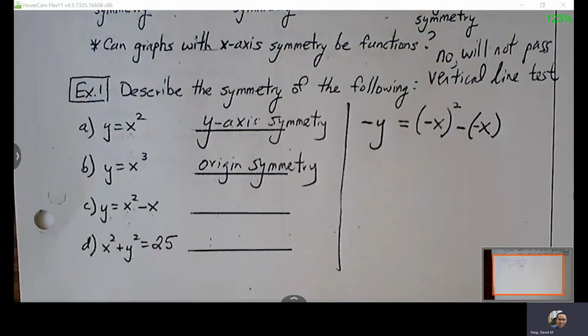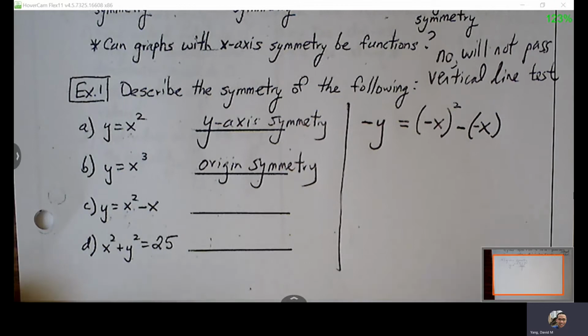If we have the exact same as our starting point, we know it's going to pass, it's going to be an origin symmetry. But if it's even slightly different after we clean it up, then we just have to say that it doesn't pass that test and therefore doesn't have origin symmetry.